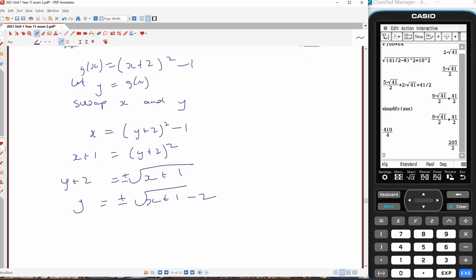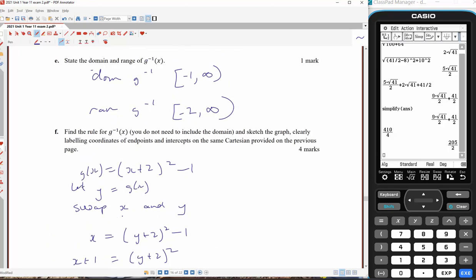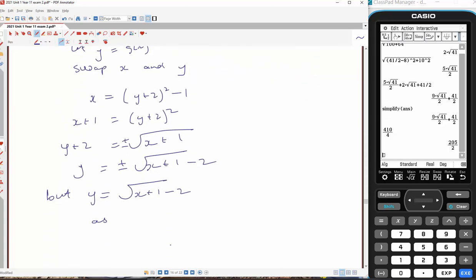So we've got two possibilities here, and the one that we're going to accept is the positive, and the reason for that is that the range of the inverse is -2 to positive infinity, which is the top half.